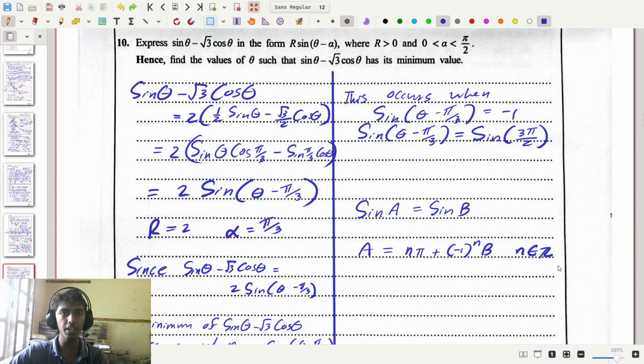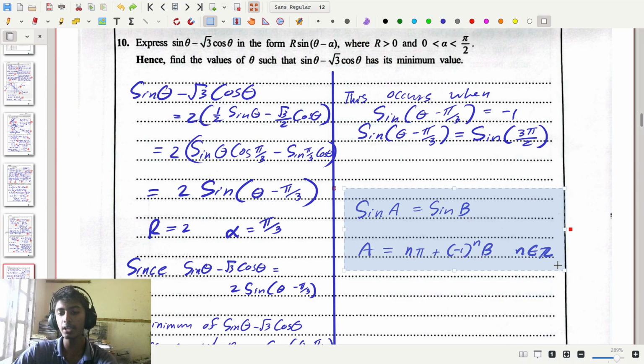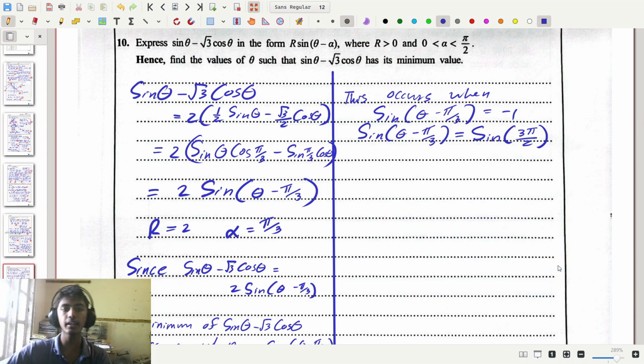So now in this case we have exactly that. We have the sine of some angle being equal to the sine of another angle. So from sine of theta minus pi by 3 being equal to sine of 3 pi by 2, we can see that theta minus pi by 3 is equal to n pi plus negative 1 to the power of n times this bit, which is 3 pi by 2.